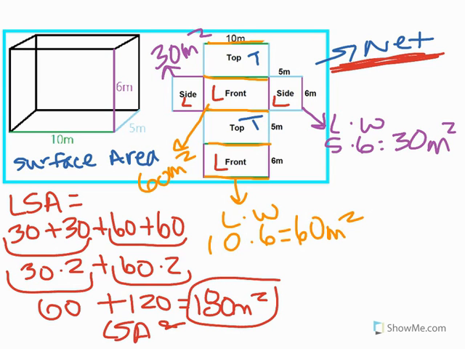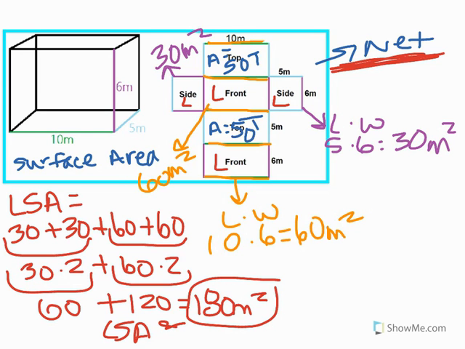And now to find the total, I just need to do my 2 tops, or my top and my bottom. So if I'm looking at this, I already know that here area equals 50, and here area equals 50.